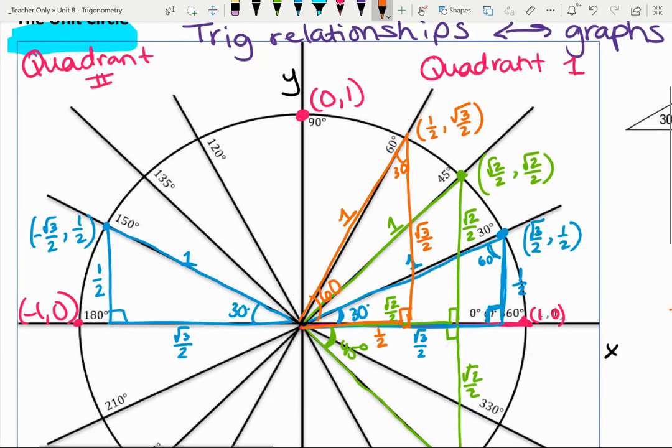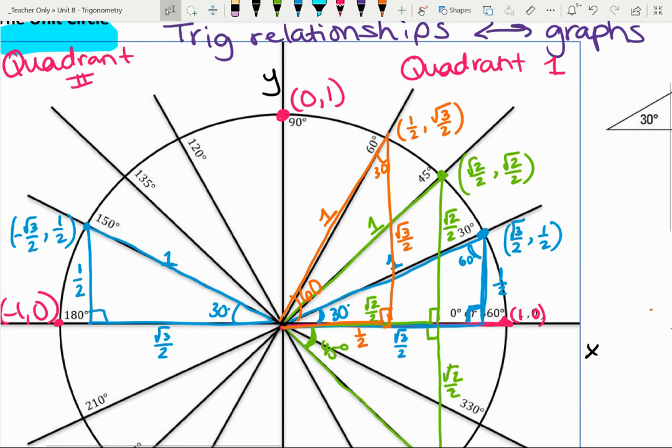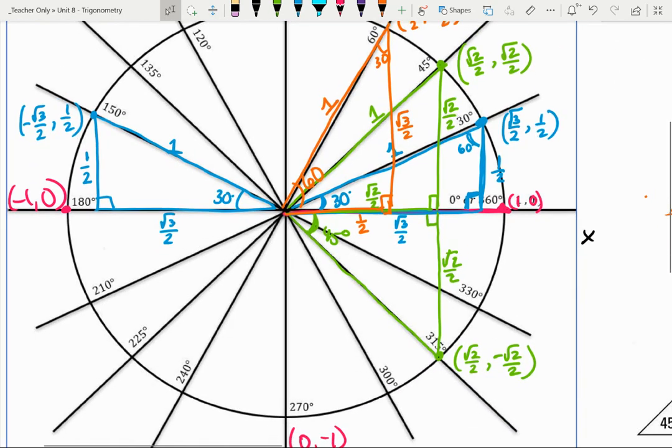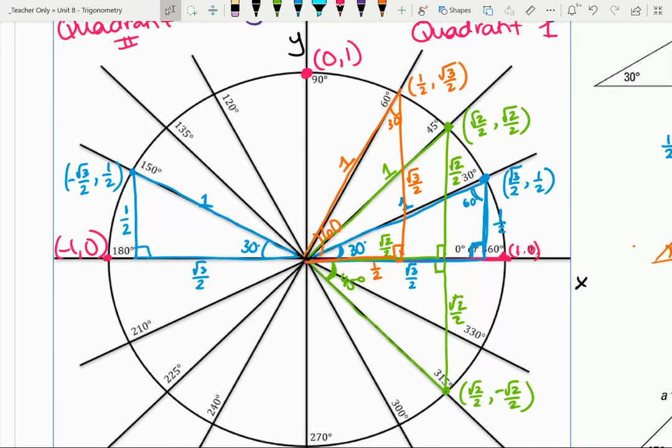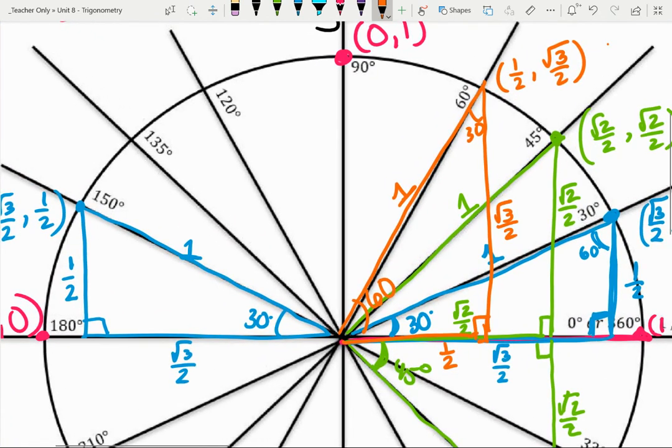So the challenge that I am posing to you now is to try to fill in the rest of the coordinate points around this circle using just these 3 angles as a reference. And I've done a couple of them for you. I guess I'll do one more over here at 120 degrees. Again, if we go from that horizontal, that's the key here.